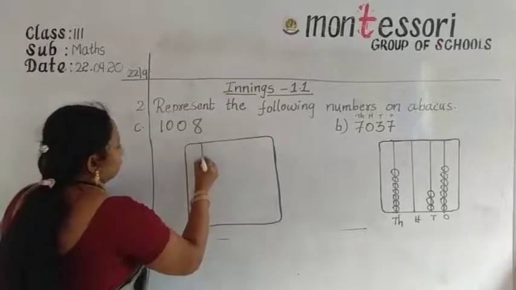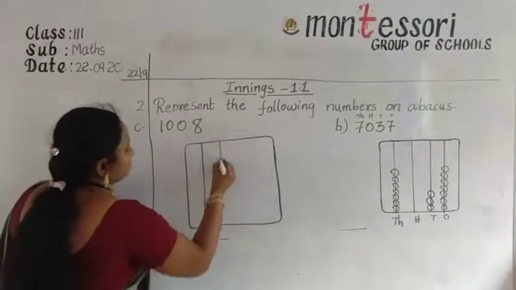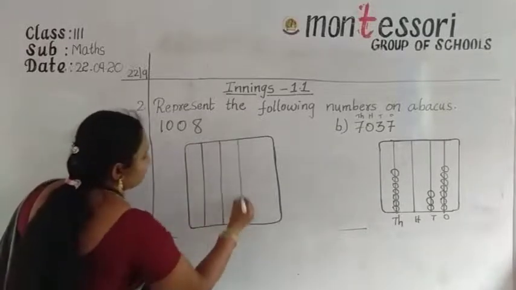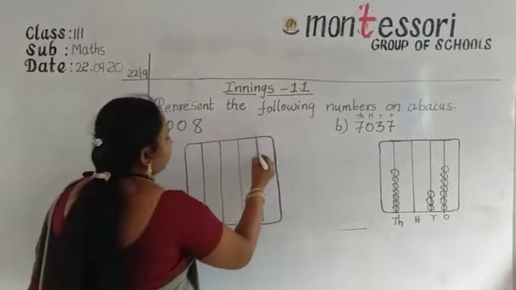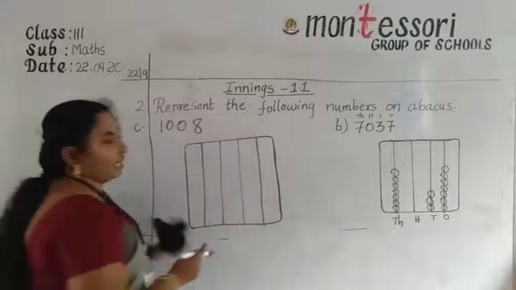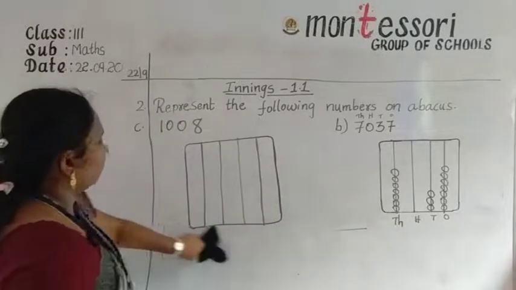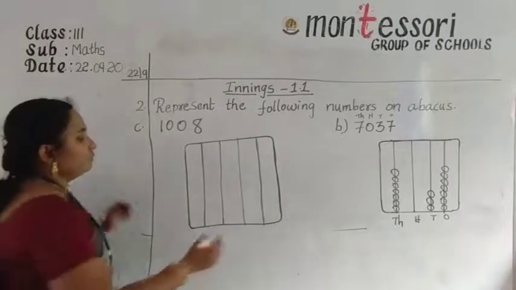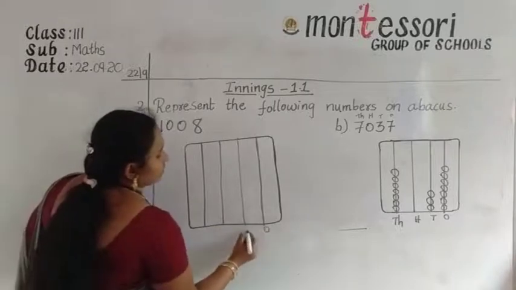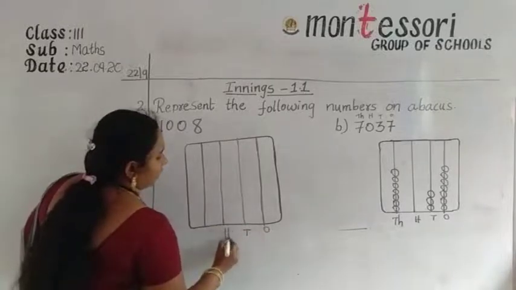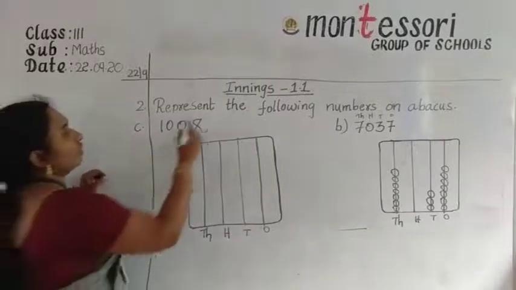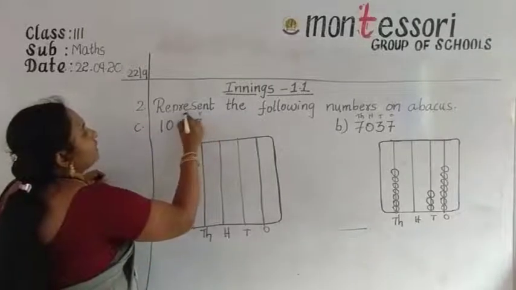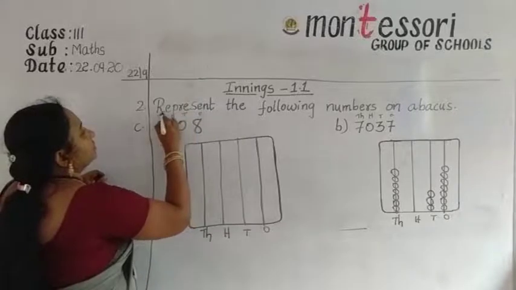I draw the lines here, 4 lines. Okay. Now I am writing here place values. Ones, tens, hundreds, 1000. Here also ones, tens, 100, 1000.